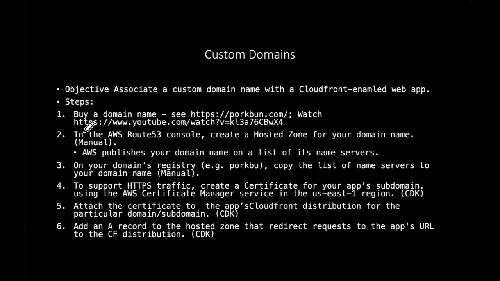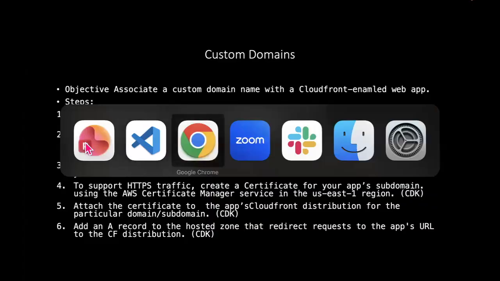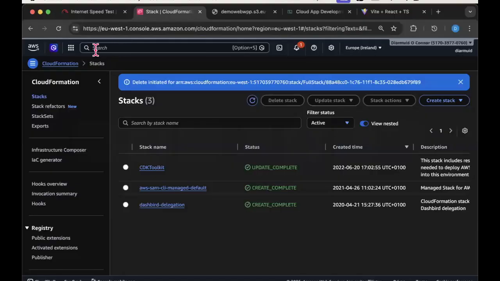Oh yeah, so step two, how do I do it? So I bought my domain name. How do I complete step two? Well, you just simply go into the Route 53 service.